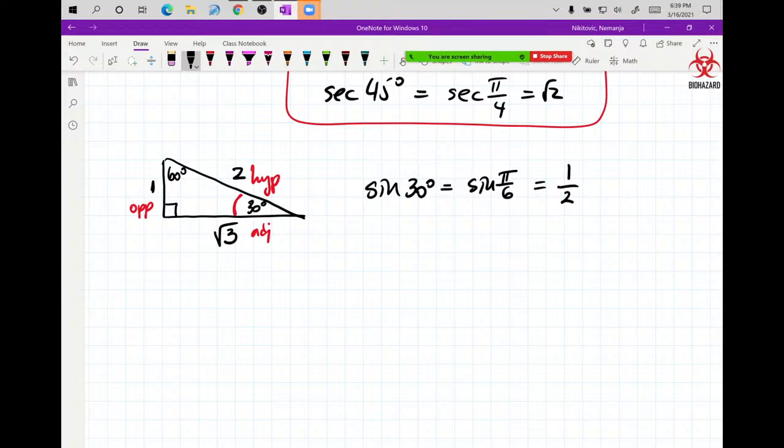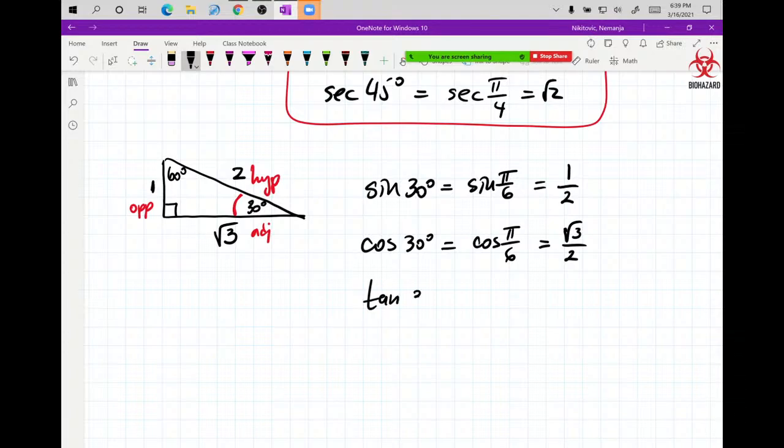So that's the piece of information that you memorize. Cosine 30 degrees, which is also cosine of pi over 6, is root 3 over 2, because it's adjacent divided by the hypotenuse. And because of that, we have root 3 now.